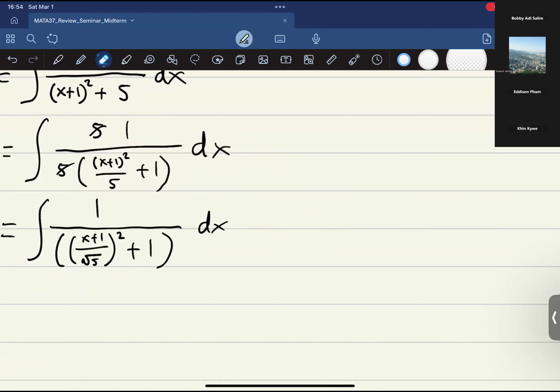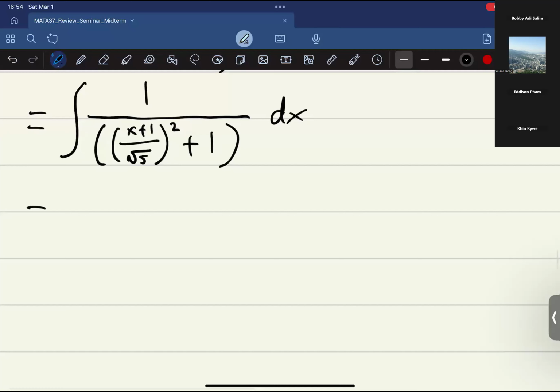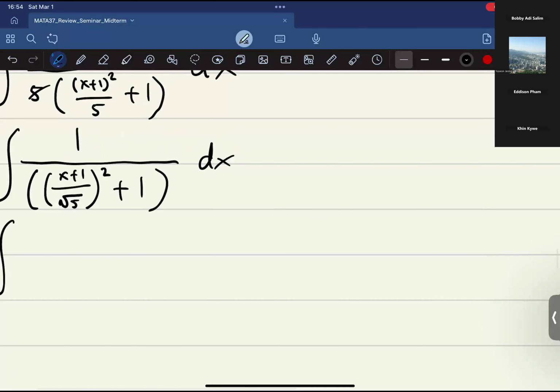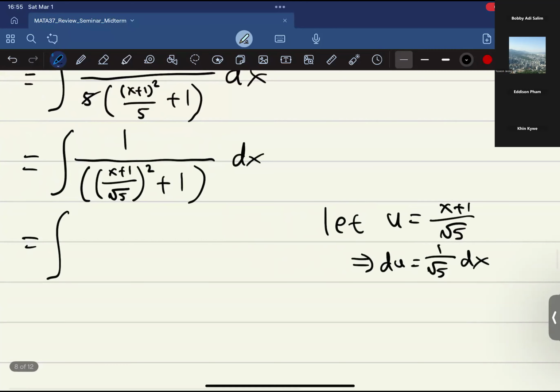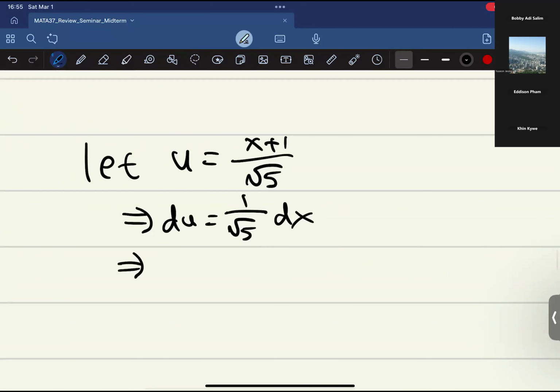So now all we have to do is to do a u-sub by letting u equal to the square term right here. We get du is equal to 1 over square root of 5 dx, or dx is equal to square root of 5 du.